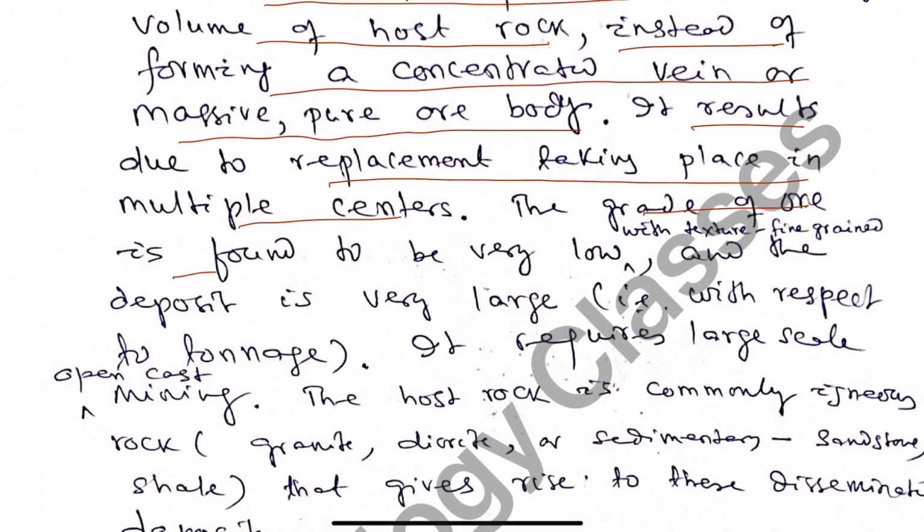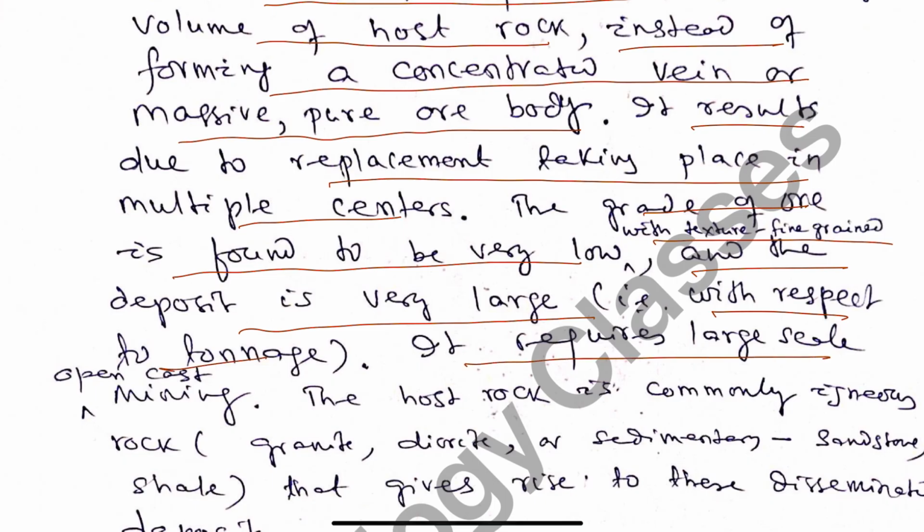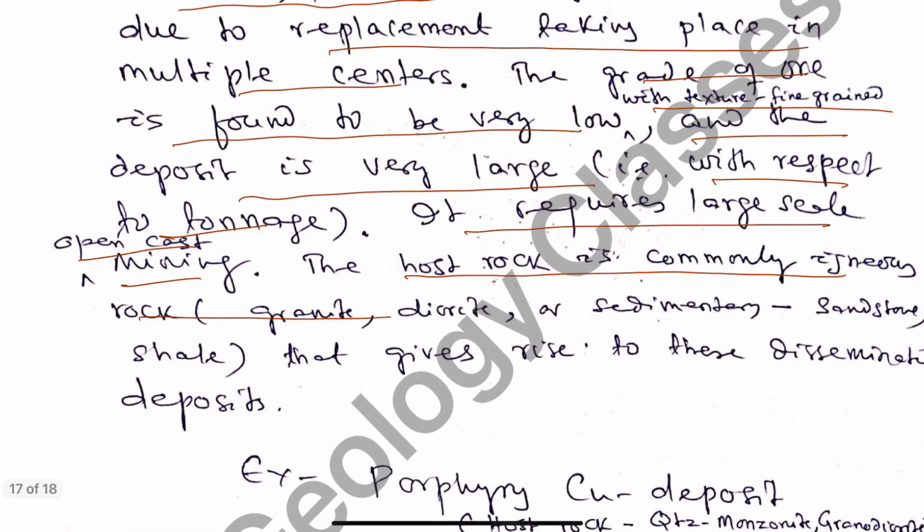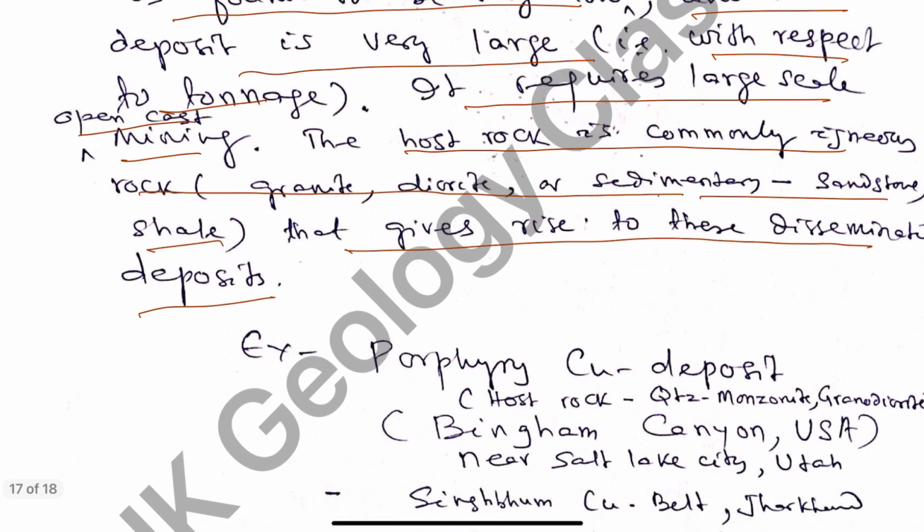The grade of ore is very low with fine grained texture, and the deposit is very large with respect to tonnage. It requires large scale open cast mining. The host rock is commonly igneous rock. It may be granite, diorite, or sedimentary sandstone, shales that give rise to these disseminated deposits.